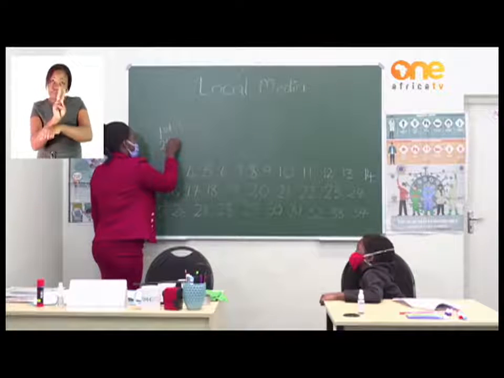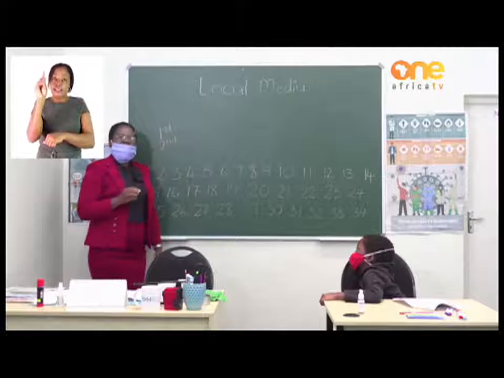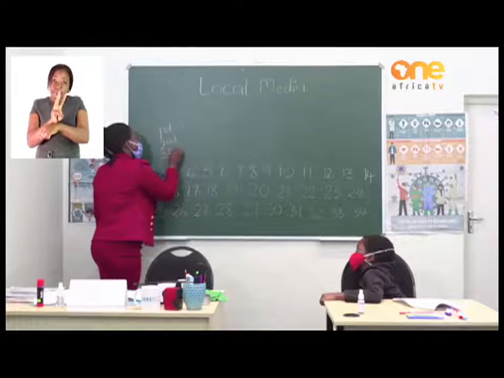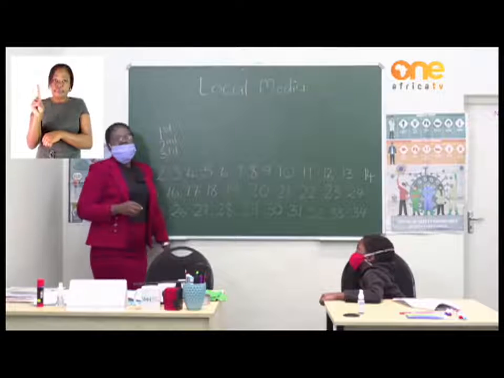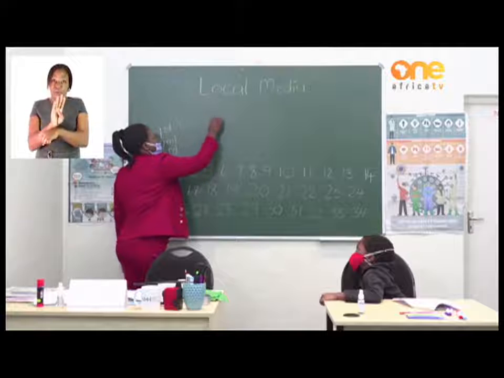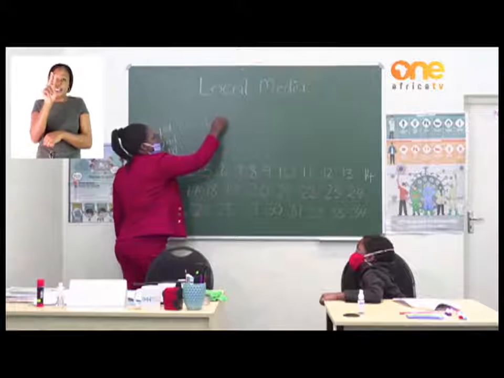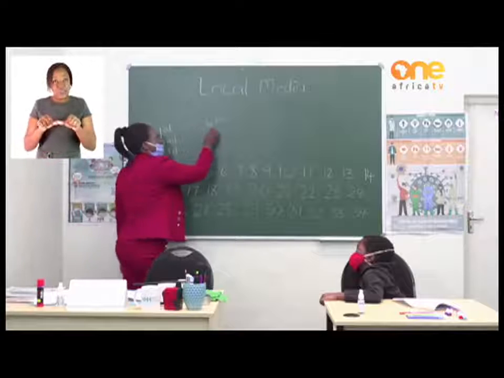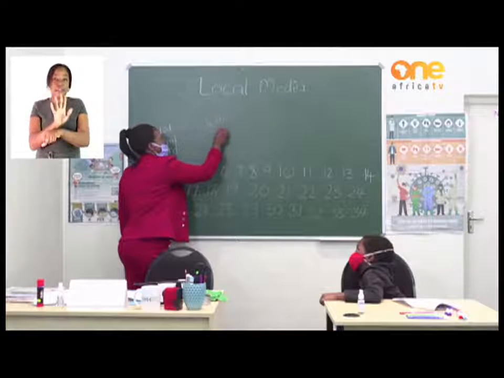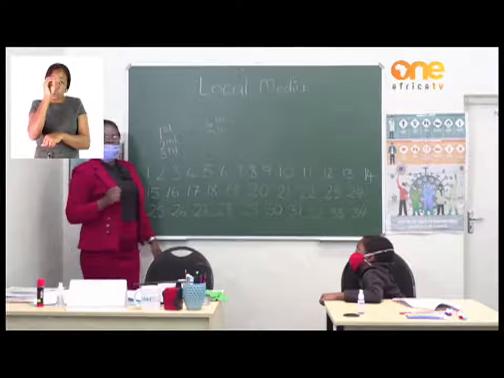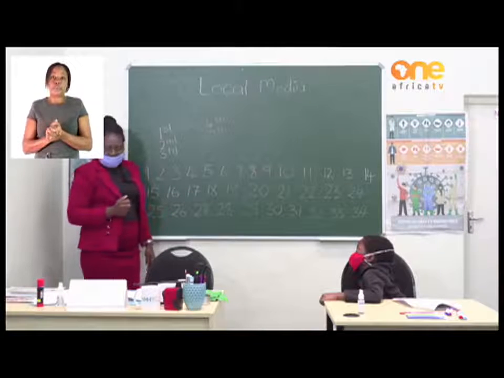I'll write it like that. What about the third? I'll write third like that. What about if I'm the fourth? Fourth, like that. From the fourth, I continue with the fifth, the sixth, using that letters a bit higher than the number. Those are the ordinal numbers.